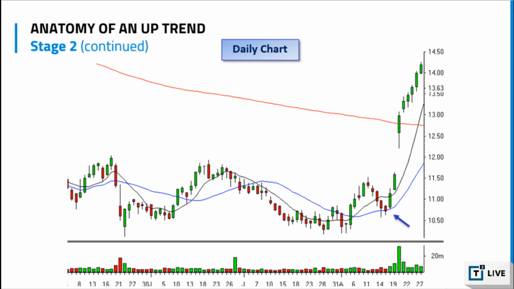Usually you want to enter on the time frame where there is a pattern. If there is no pattern on this time frame, and I'm swing trading and the daily is my time frame of focus, then I don't even bother looking at that stock. I just move on to the next one. Okay.